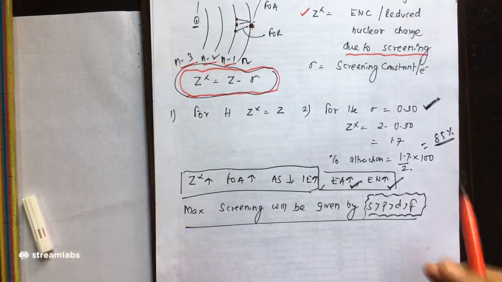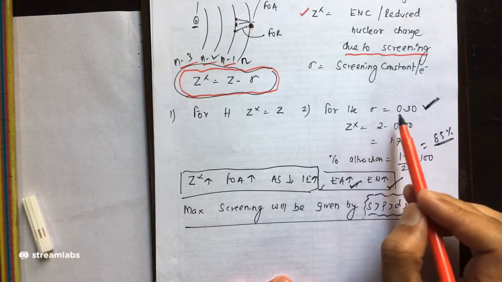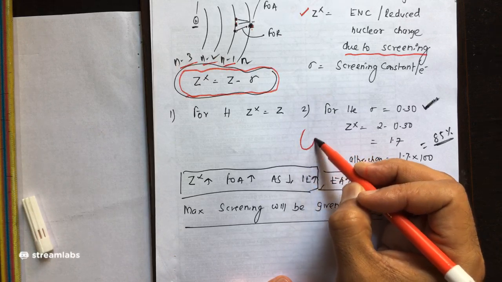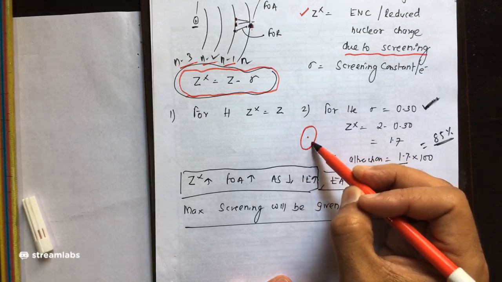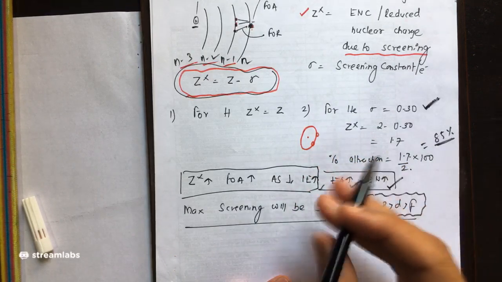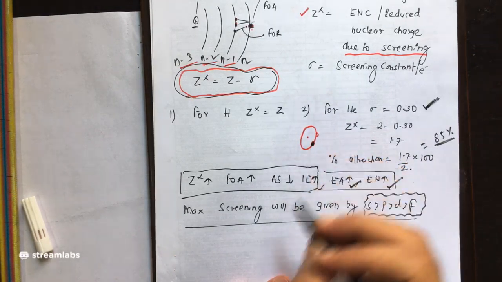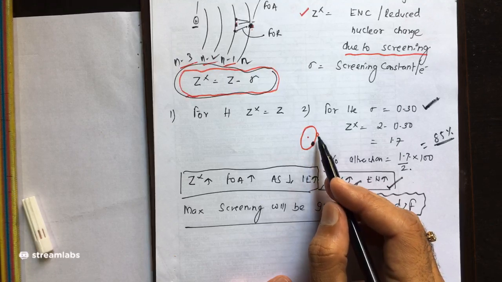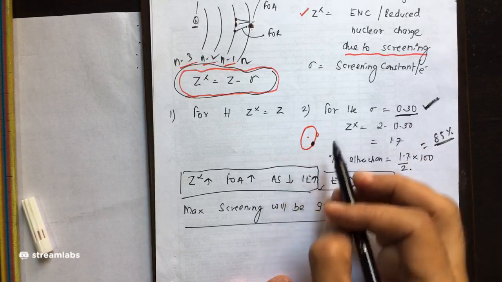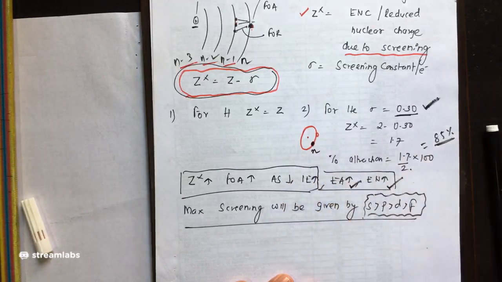But for helium, there are two electrons, no? This is the nucleus, and there are two electrons. If you take one electron as a test electron, then this test electron is repelled by the other electron, with the value 0.30, and these are present only in nth. So the value of sigma is 0.30.